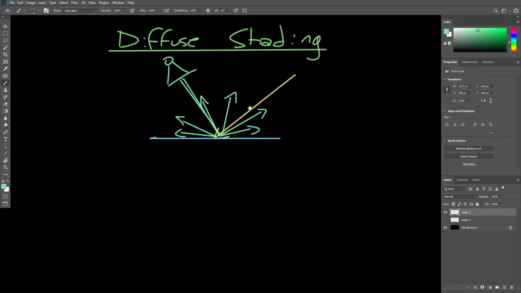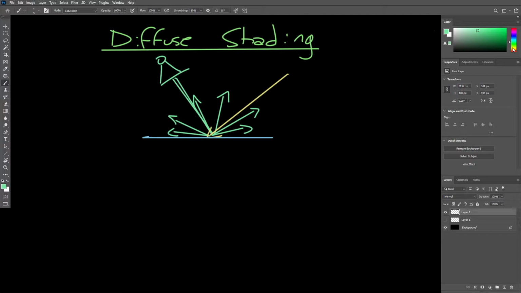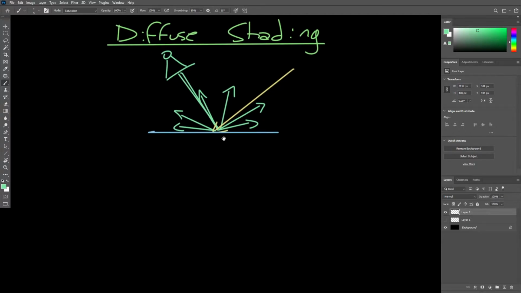So in order to calculate diffuse shading, we could write out an equation like this. We're going to say, in this case, D, which is going to be our diffuse light intensity or our diffuse shading, is going to be equal to, again, we're going to bring in two coefficients similar to what we saw with ambient shading, the product of a diffuse reflection coefficient, so I'll call this KD, multiplied by ID, right?